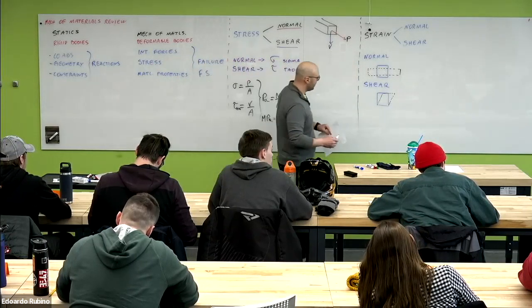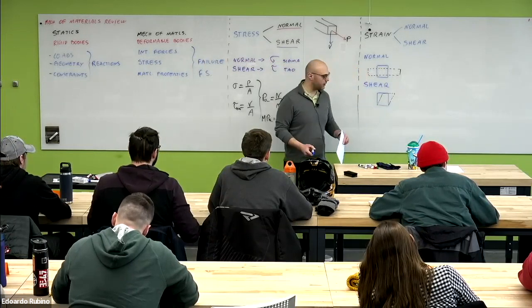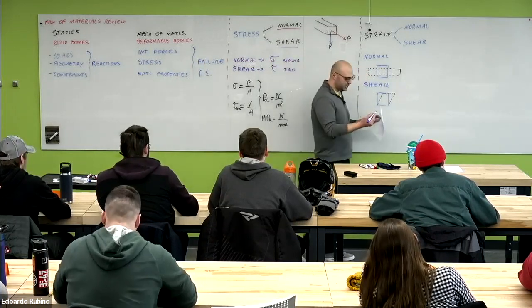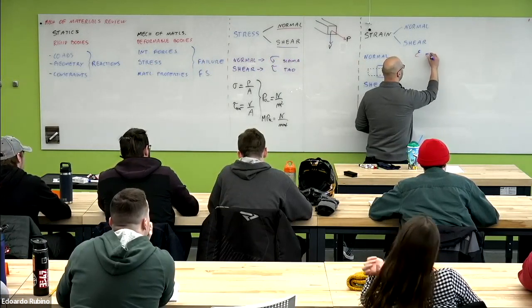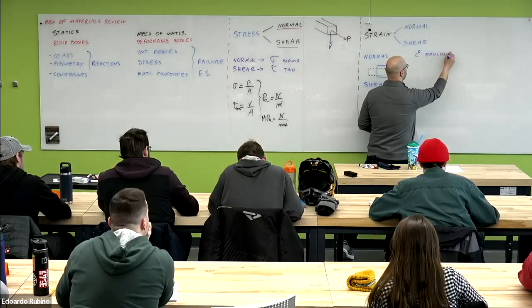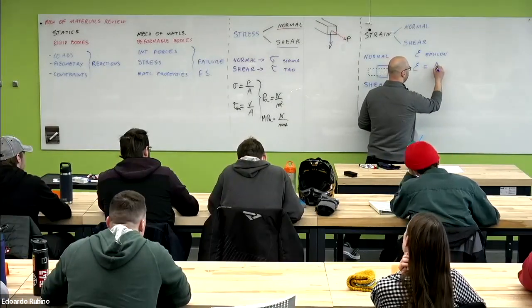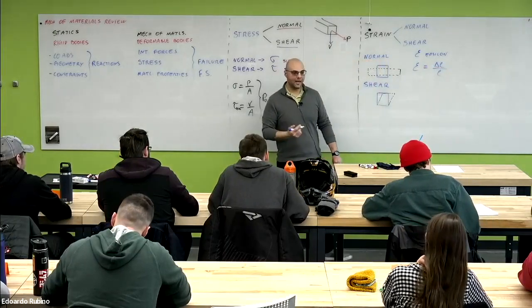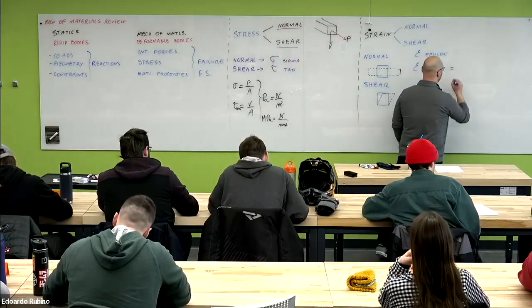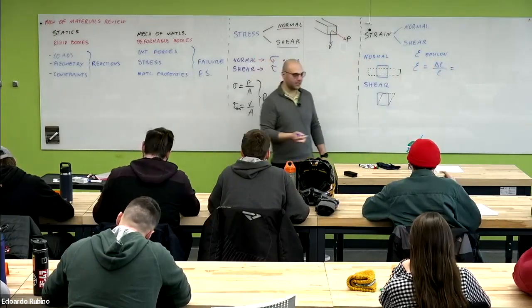So here, if we want to calculate the normal strain, first of all, we look at which symbol we use. We use epsilon. And we have that epsilon is equal to delta L over L. So delta L would be the difference between the final length and the initial length.